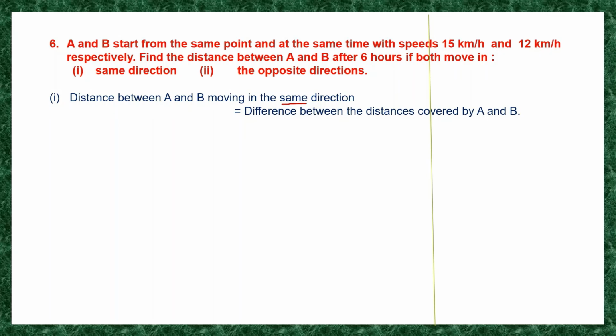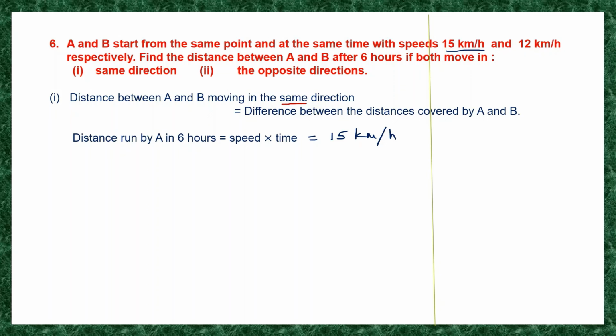So now we're going to find the distance moved by A and then the distance moved by B and then subtract the two distances. So distance run by A in 6 hours is speed into time. So what is the speed? Speed is given to us, 15 kilometers per hour. So let's write that, 15 kilometers per hour.